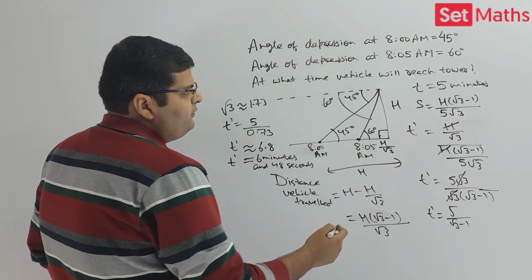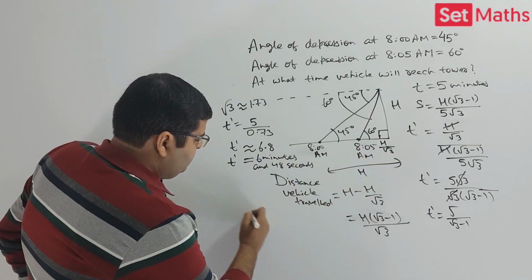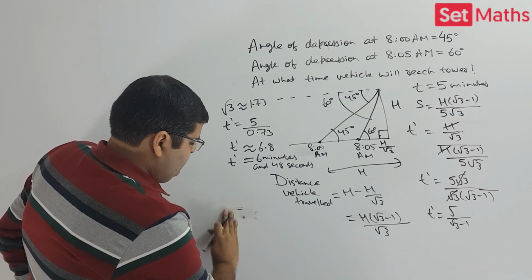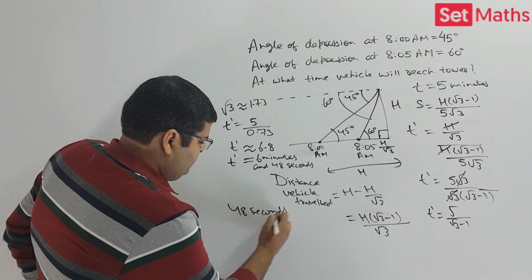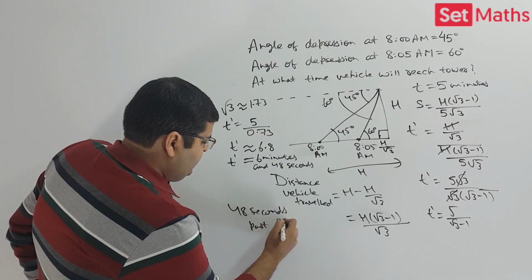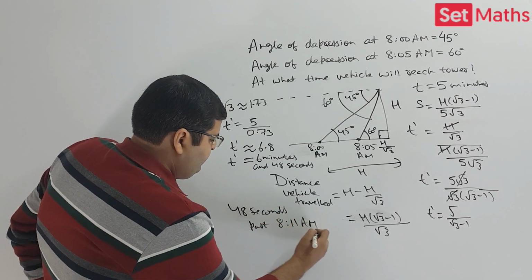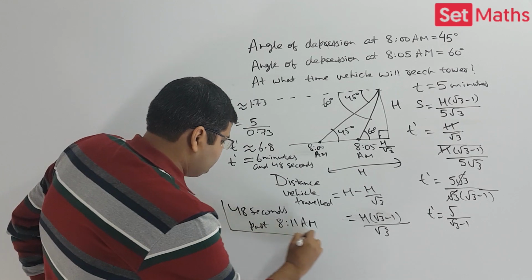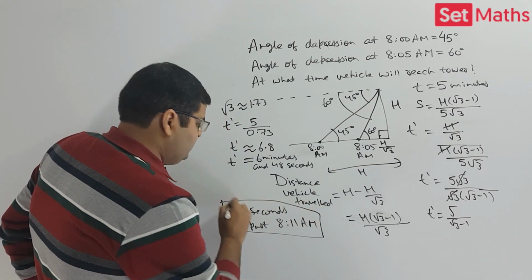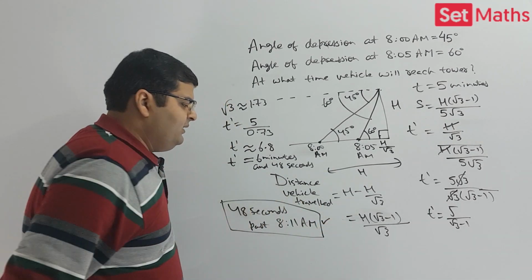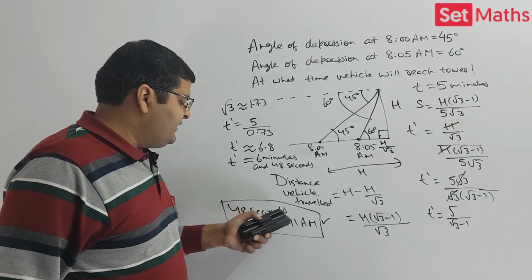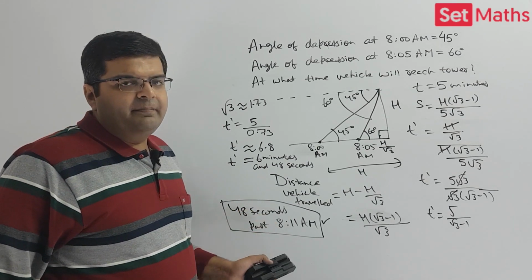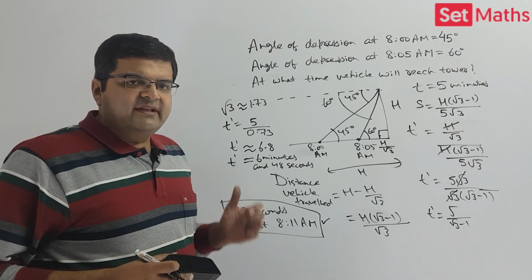So from 8:05, that is 48 seconds past 8:11 a.m. This is the approximate time at which the vehicle will arrive at the bottom of the tower. So this is the correct answer, 48 seconds past 8:11 a.m. That is how we solve this question.